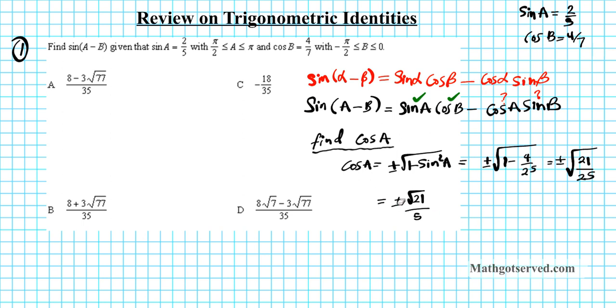Now, is this plus or minus for cosine? Well, we need to consider the interval that this angle resides in, the quadrant, sorry. So A is between pi over 2 and pi. Let's determine what that is with a sketch using our quadrants. So we have pi over 2 up here, and this is pi.